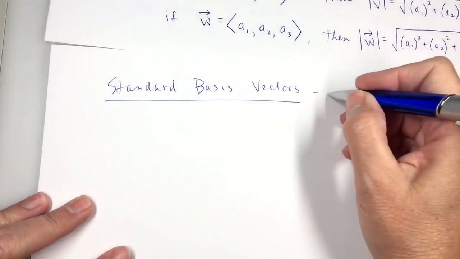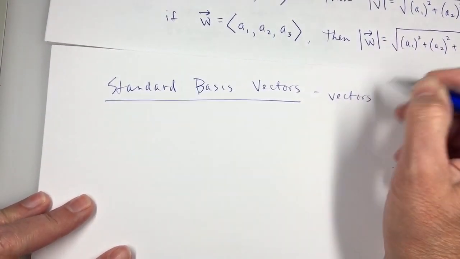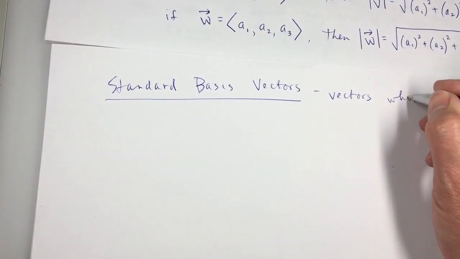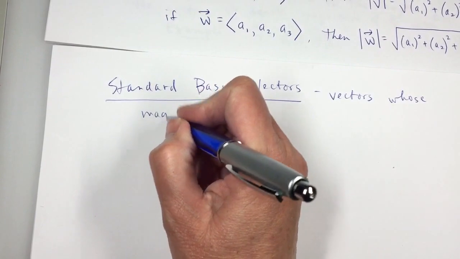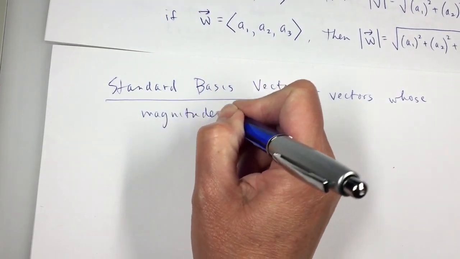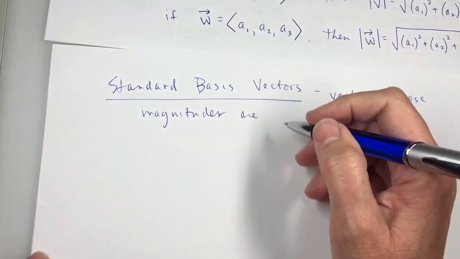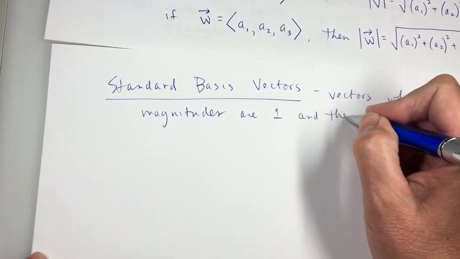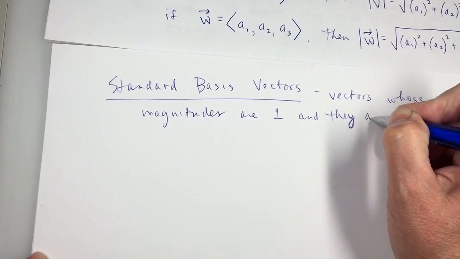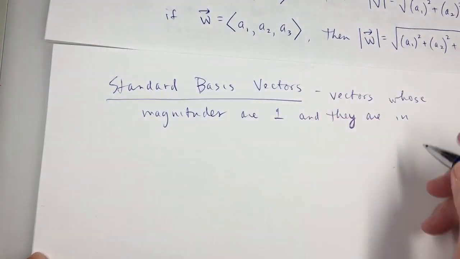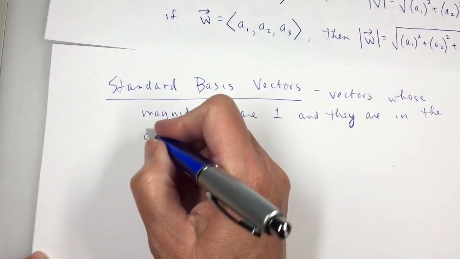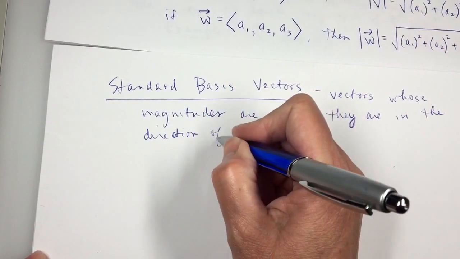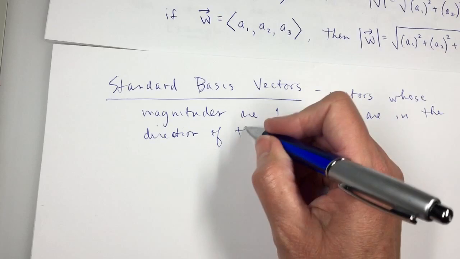So these would be vectors whose magnitudes are 1, and they are in the direction of the positive axes.